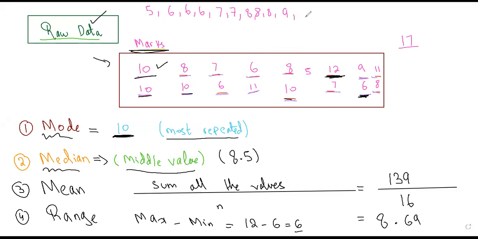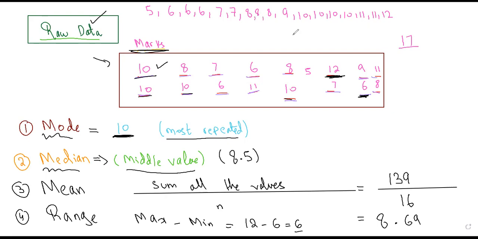Then 9. Then 4 tens. And then we have 11, 2 elevens, and 12. Okay, this is what we have. I'll write down this 8 again.